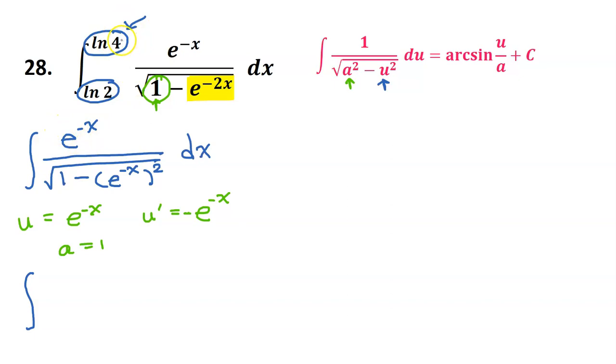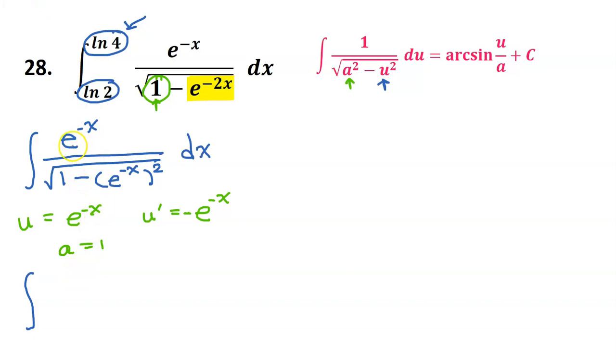Now I could switch these over to u's. I could say, hey, u is equal to e to the negative natural log 4. I could plug these limits into this formula for u and turn them into values of u. That's fine. Then you can keep them. But unless you feel like doing that, just leave them off, and that's what I'm going to do right now.